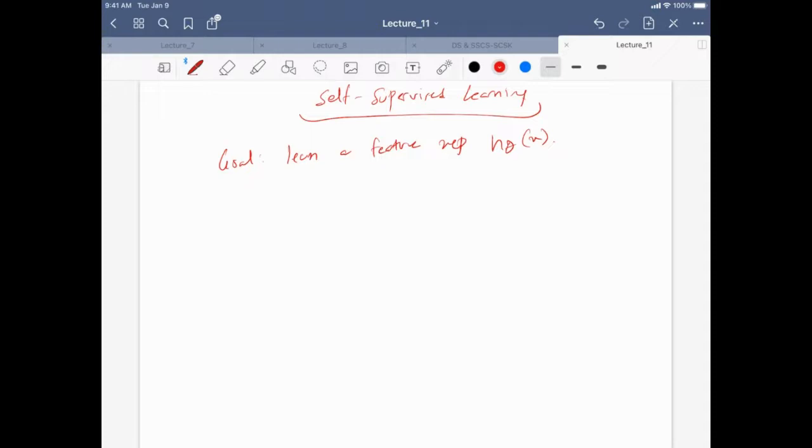And similarly, images which are very different from each other should be far away in the representation space, right? And the idea is that once I have a good representation, then I can do some very simple transfer learning on this to learn my given task at hand, right? So that's where a lot of self-supervised learning and unsupervised learning comes in. This is gaining a lot of prominence these days in computer vision and in natural language processing, right?